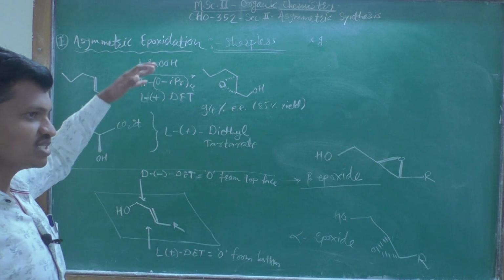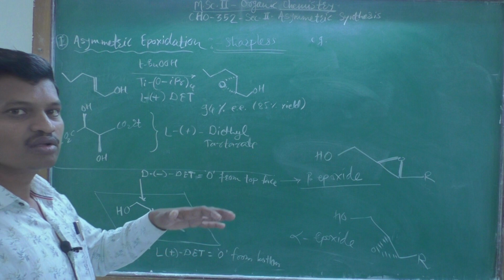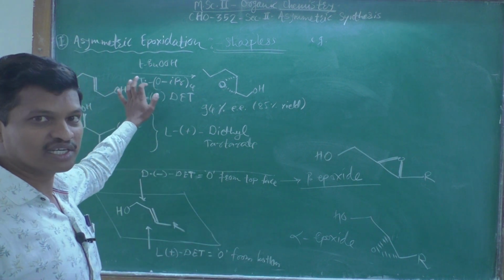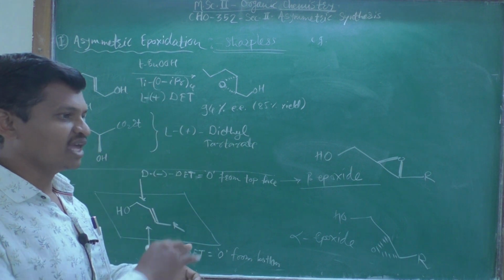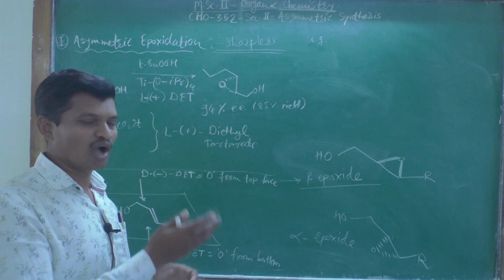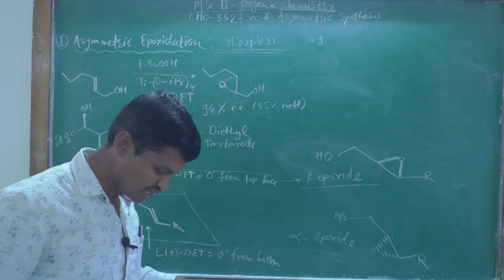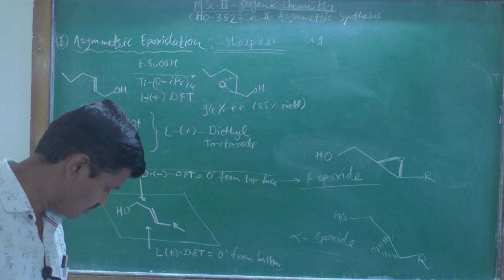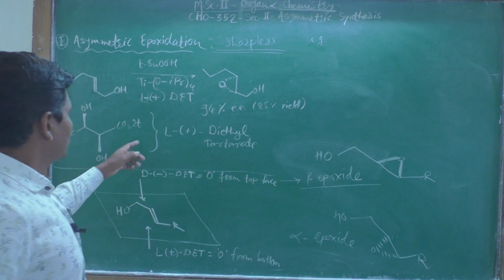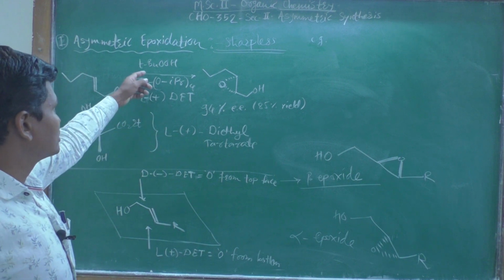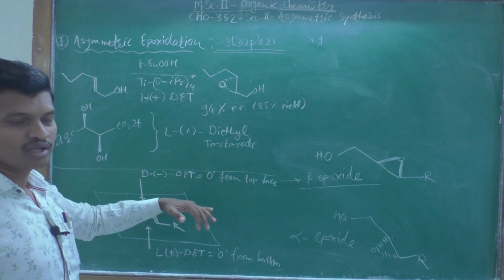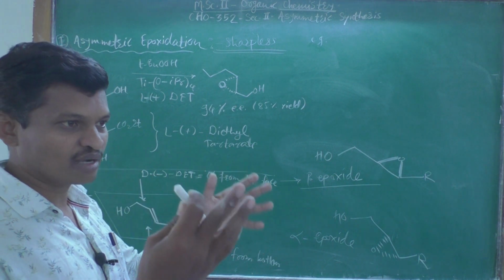And when the allyl alcohol comes closer to this complex formed by the transition metal titanium, the alignment is done in such a way that the oxygen atom is delivered from the tertiary butyl hydroperoxide, from the bottom face or from the top face in that complex.